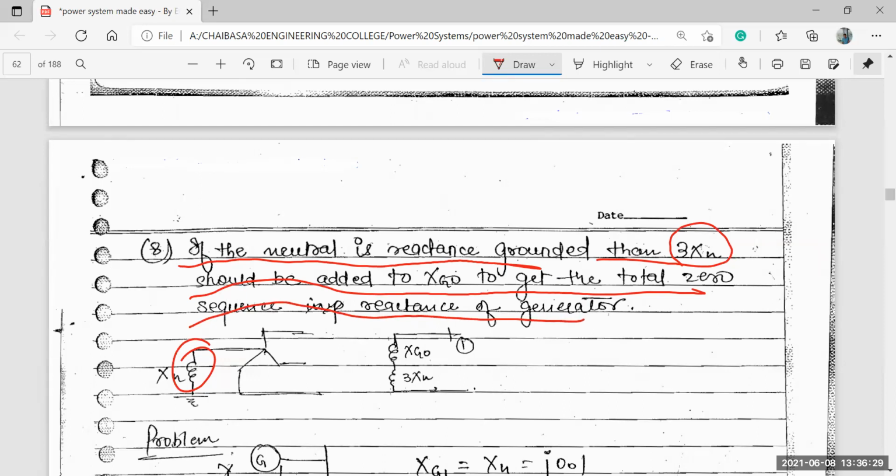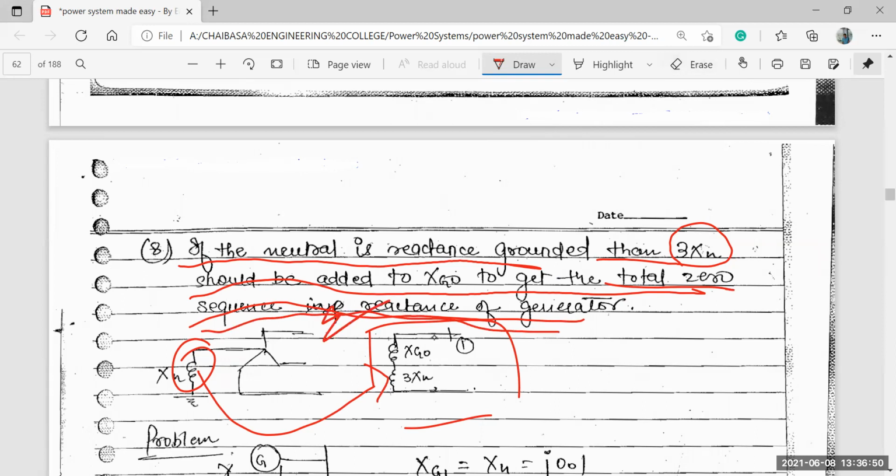Whenever it is grounded in this manner, your 3Xn has to be added to get the total zero sequence reactance of the generator.